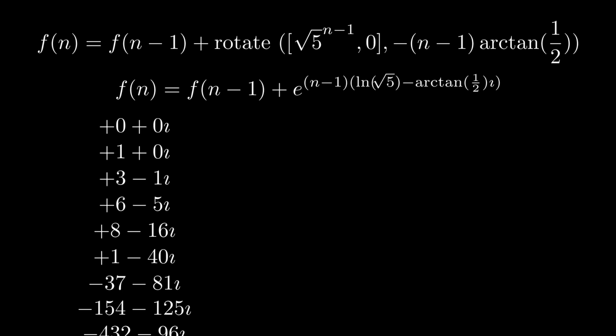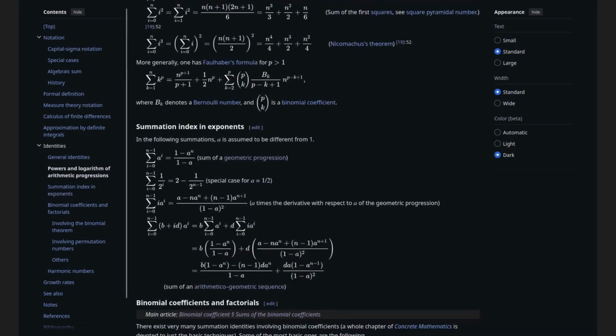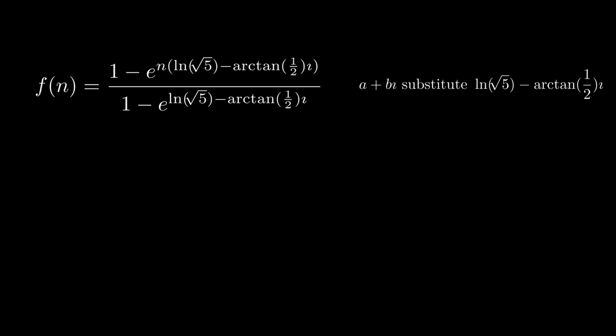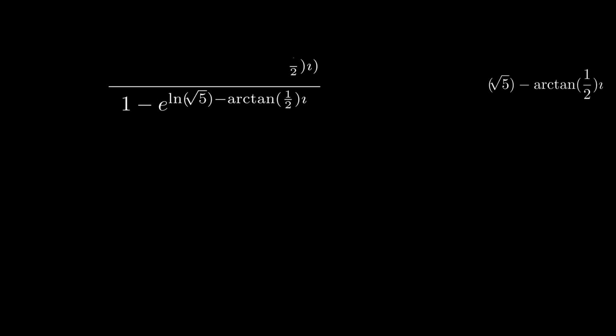I need to get rid of iteration. Need to find summation up to n. Now just substitute it and... wow. Let's see this bad boy in action.